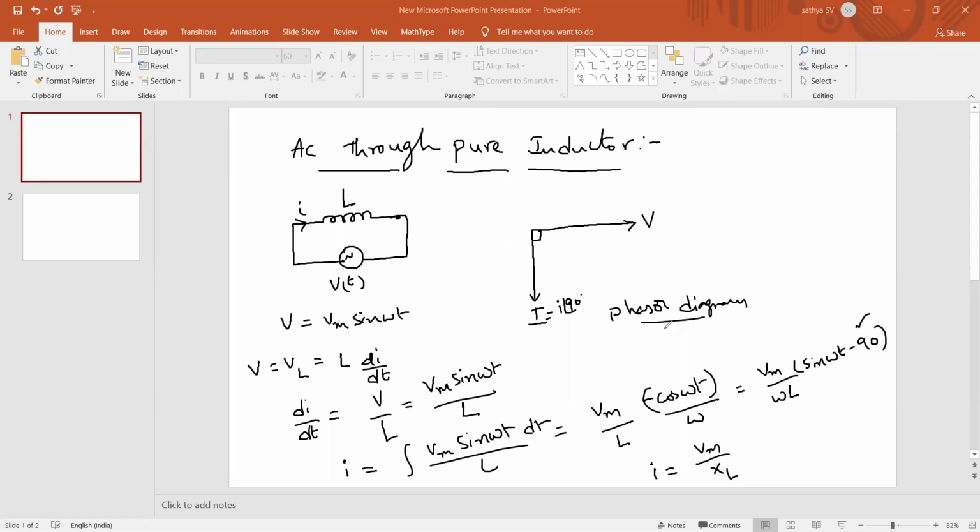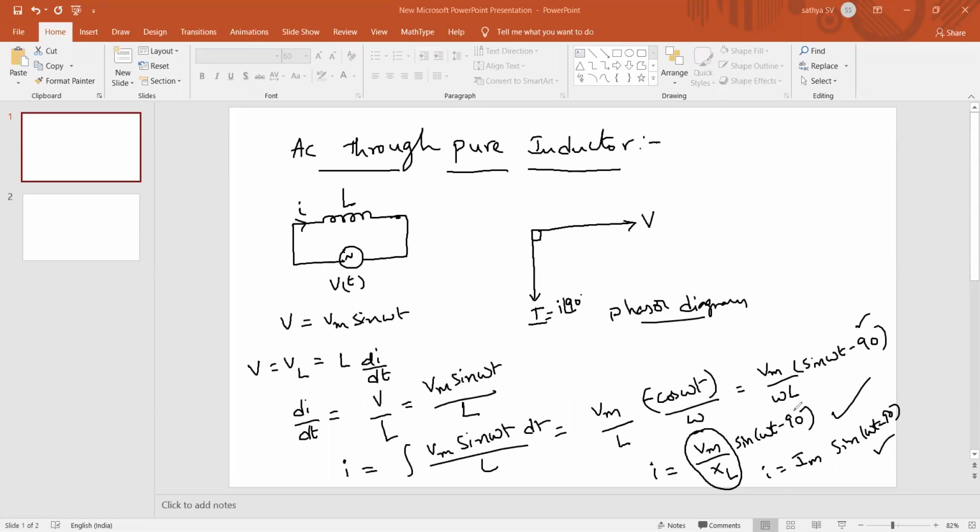You know very well, XL equals omega L and XC equals 1 by omega C. So here i equals Vm by XL into sin of omega t minus 90. Understood until now? Yes, sir. So shall I further refine it as Im sin omega t minus 90, where Im is nothing but Vm by XL. So all are correct.